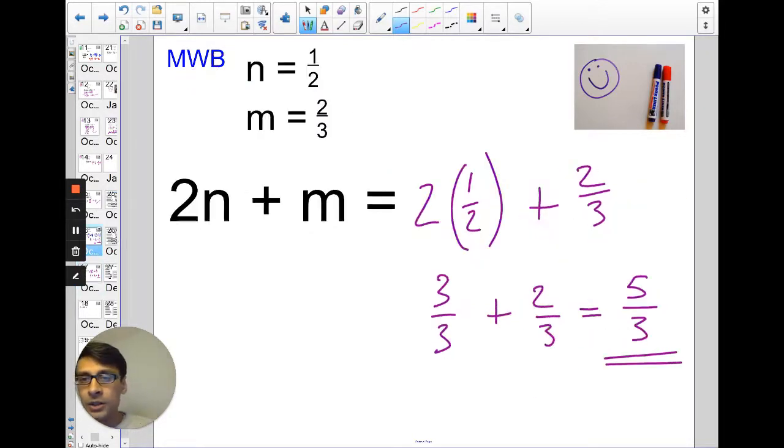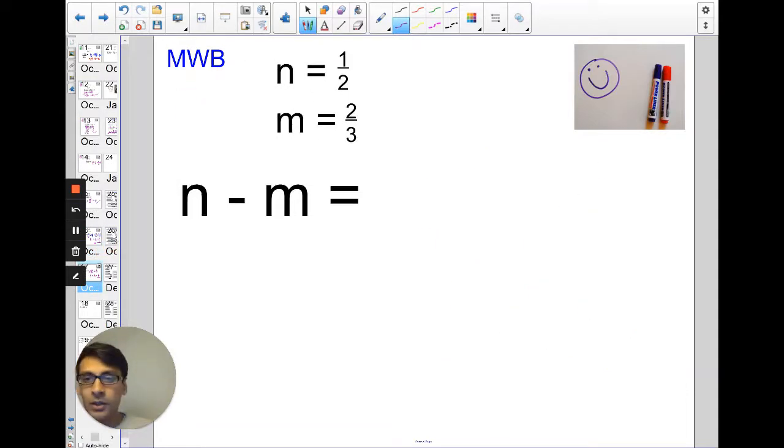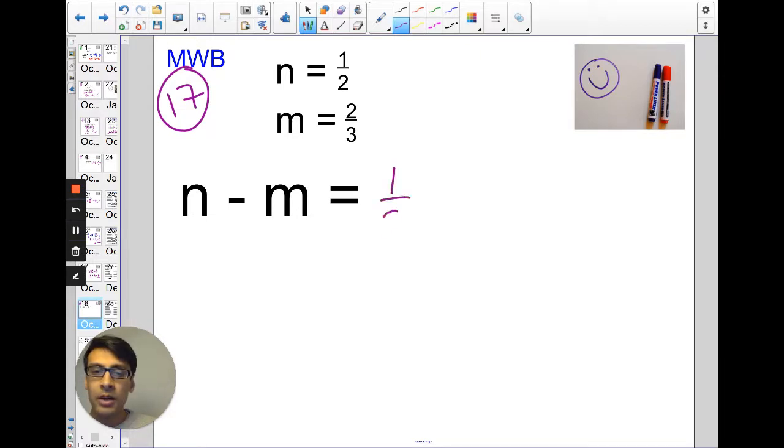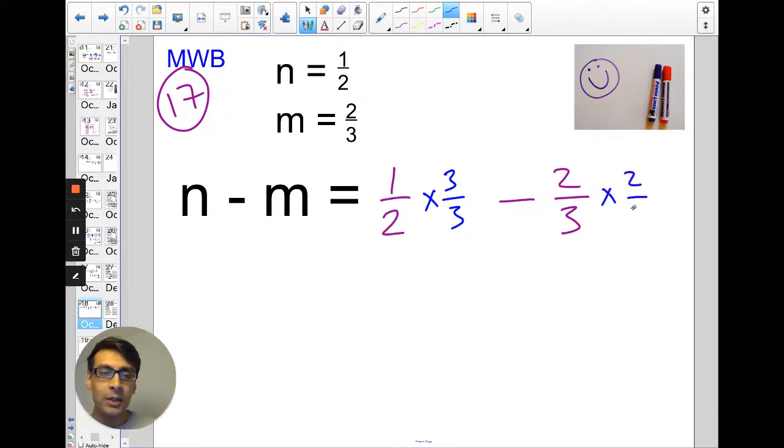That was question 16. Now we're going to do question 17. Pause the video, have a go. Okay, so I'm going to show you the answer now. So it's going to be 1/2 take away 2/3. Now again, we need the same denominator, so multiply by 3/3, multiply by 2/2.